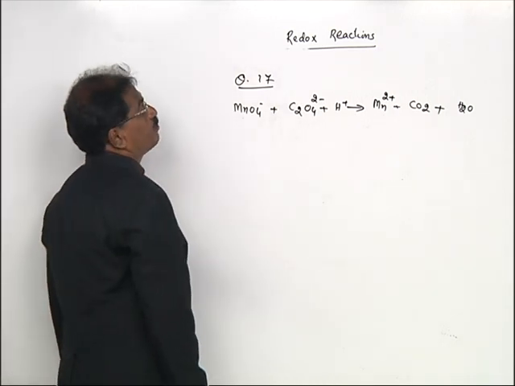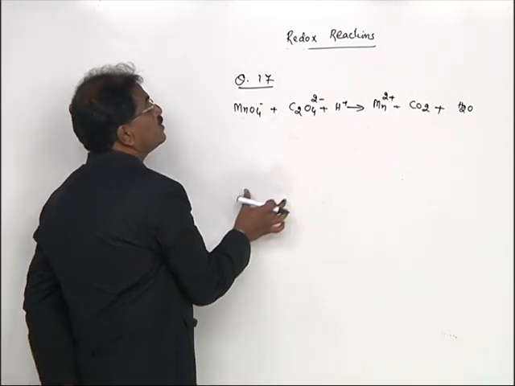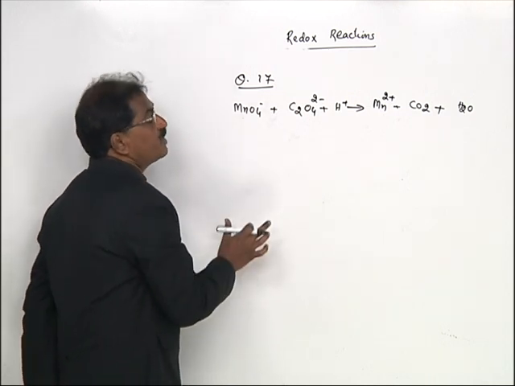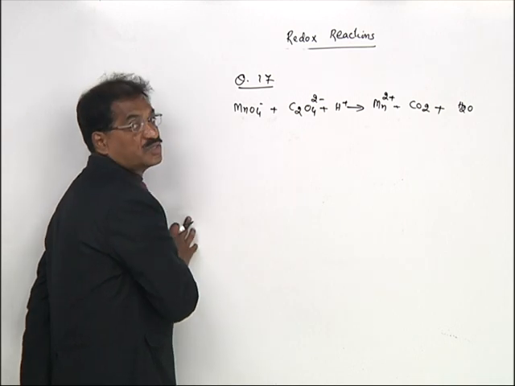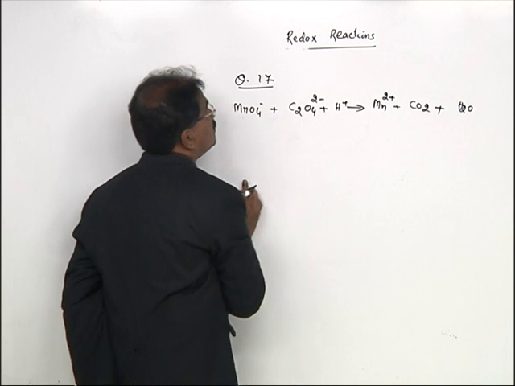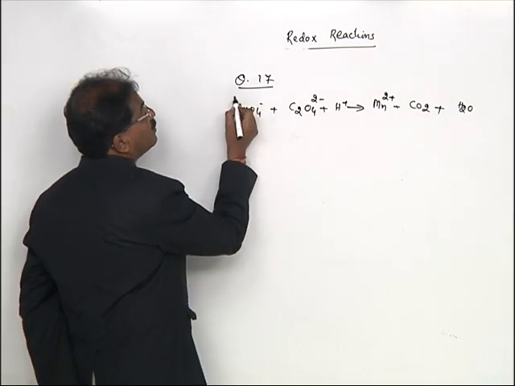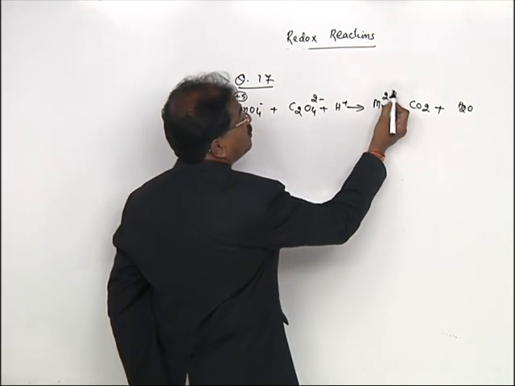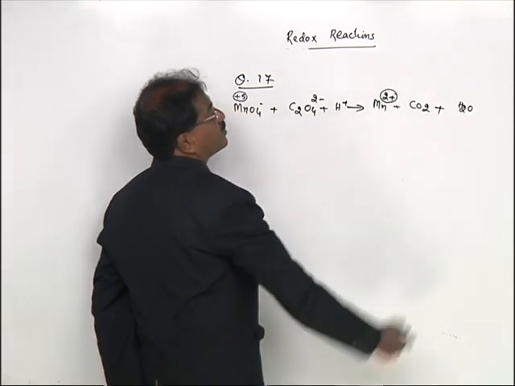First, when any redox reaction is given, in order to balance the reaction, first identify the atoms whose oxidation state is changing. Here in this reaction, for manganese there is a change in the oxidation state. Before the reaction, the oxidation state of manganese is +7. After the reaction, it is +2.